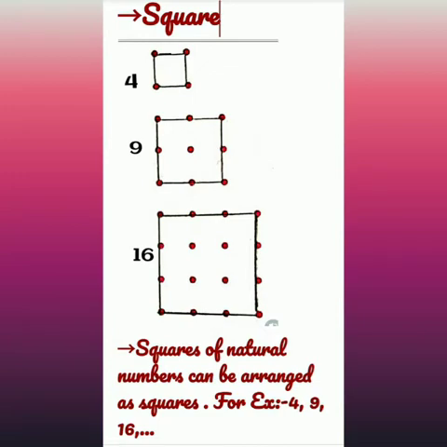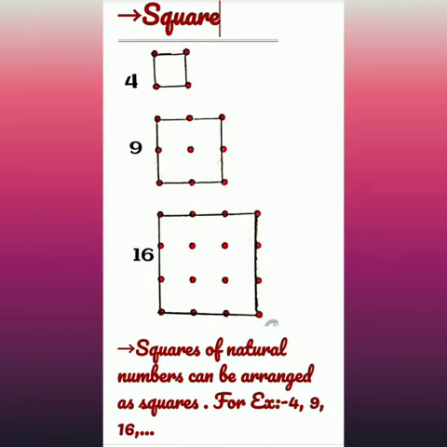So remember, squares of natural numbers can be arranged as squares. So students, remember, in squares the number of rows and number of columns will be the same, that is dots will be the same in rows and columns.